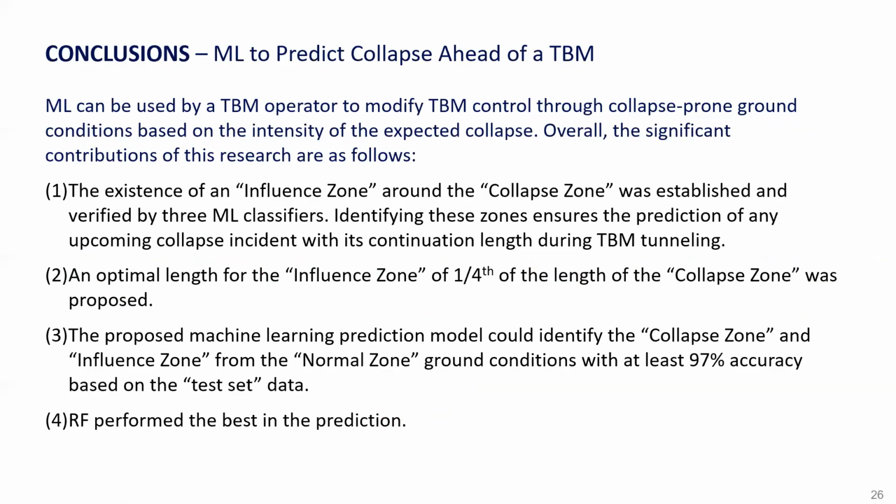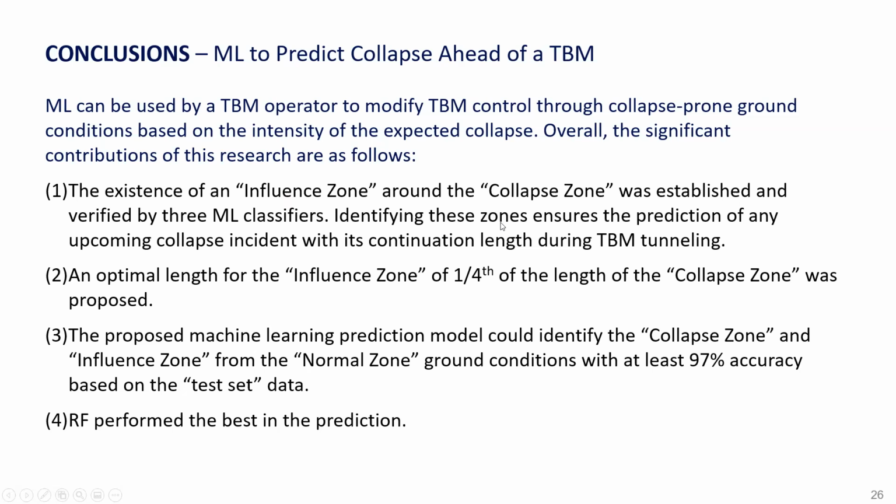So what are the lessons that we have? It looks like we could develop ML that can be used by a TBM operator to control the TBM operation in collapse-prone ground, and also make a prediction of the anticipated intensity of the collapse. We were able to prove that you can have an influence zone around the collapse zones.